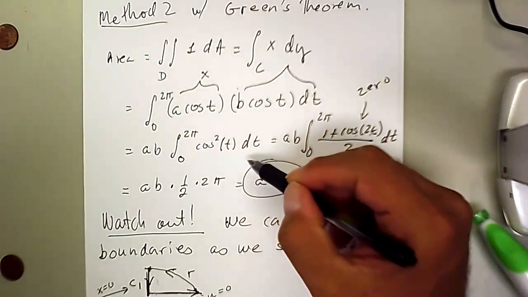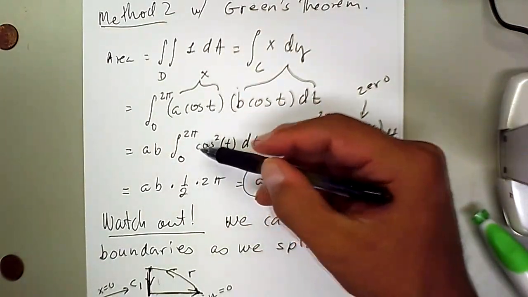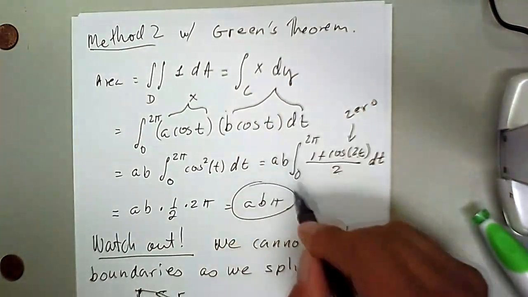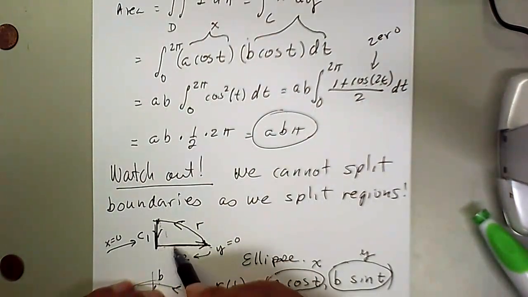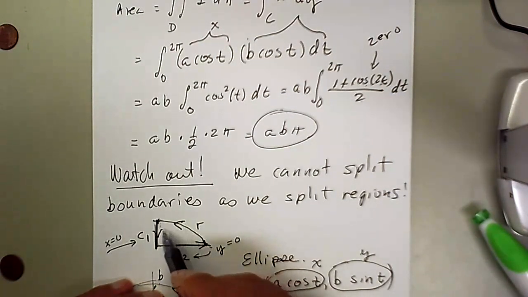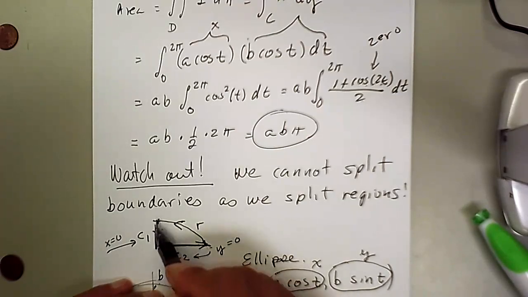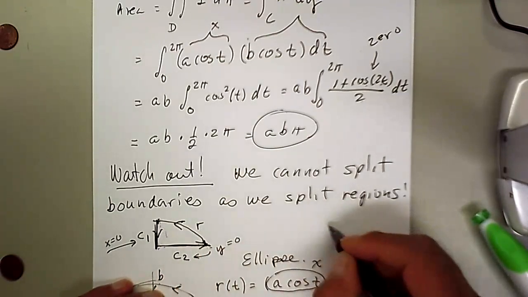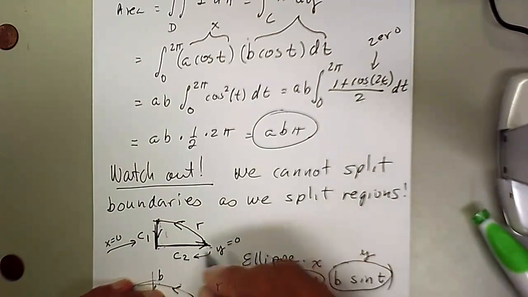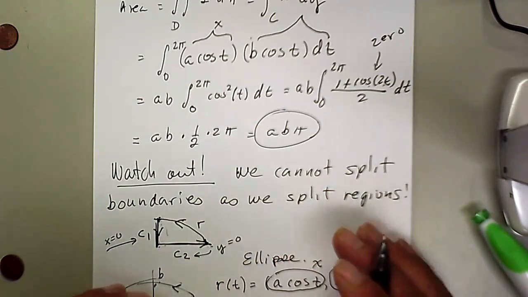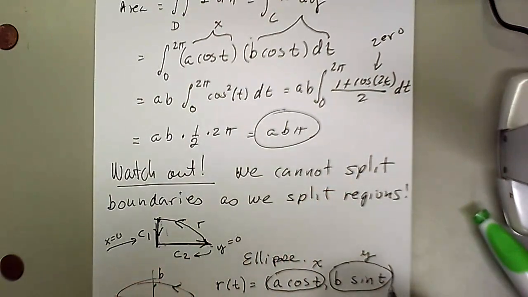If you were going from 0 to pi over 2 and then multiplying by 4 without making any note about those additional boundaries, then I have to take points off on your quiz or a test or any assessment because those have to be included. You have to make a point of saying, maybe as a side note, that on C1 and C2 we're going to end up with 0 in this specific case. Now, for other functions, that might not be the case, so we have to take that into account.